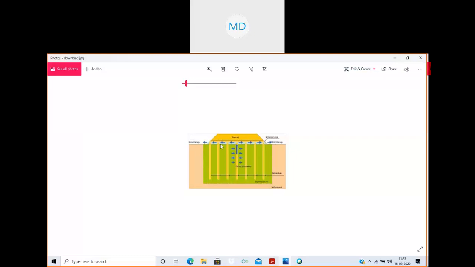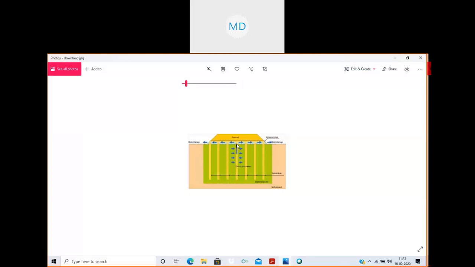Sand drains are inserted, and the blue arrows we see are the pore water moving inside the subsurface part. Because of the insertion of these vertical drains, the water rises up.